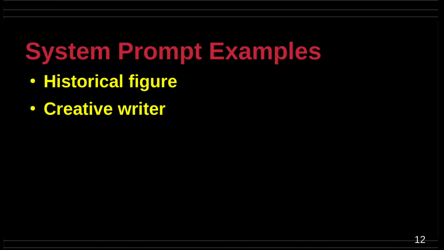The system will give a descriptive, narrative response as if it were writing a scene in a fantasy novel. By carefully crafting system prompts, you can tailor the model's responses to specific needs and preferences.